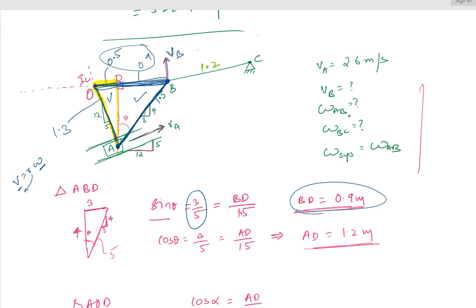That way we found VB, we found omega AB, and then for omega BC, same thing. We know the radius, we know the distance, and we know the angular velocity of B, so we can find the angular velocity of BC.